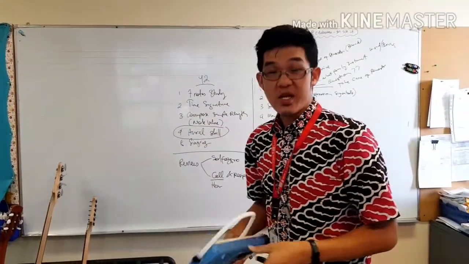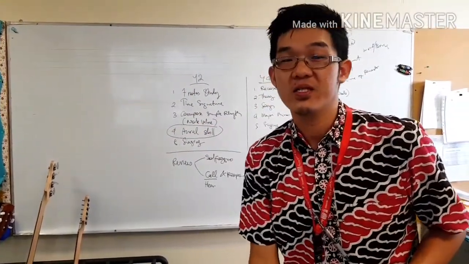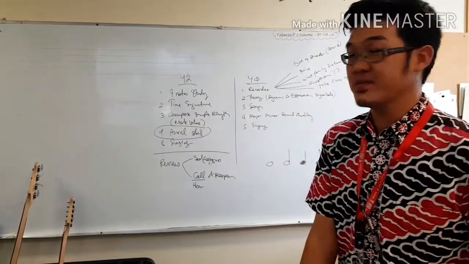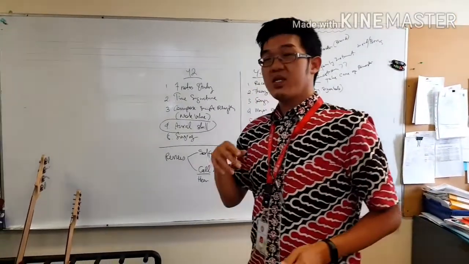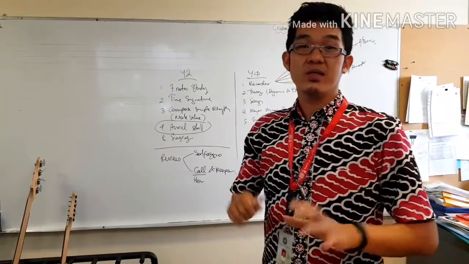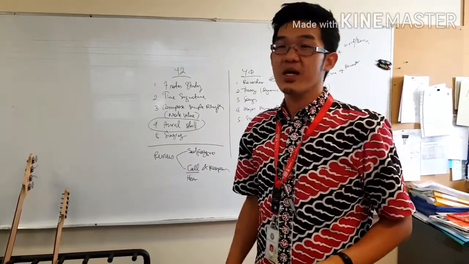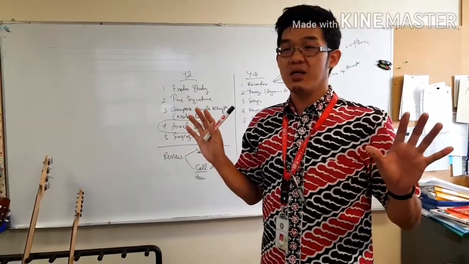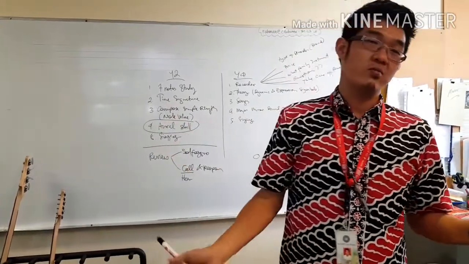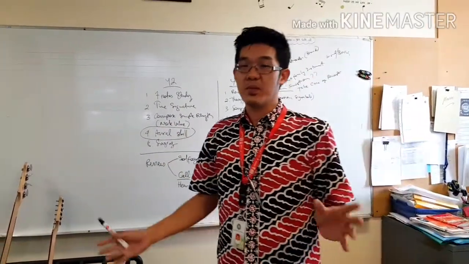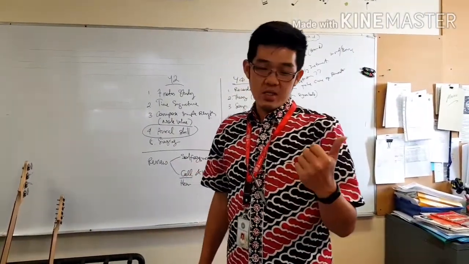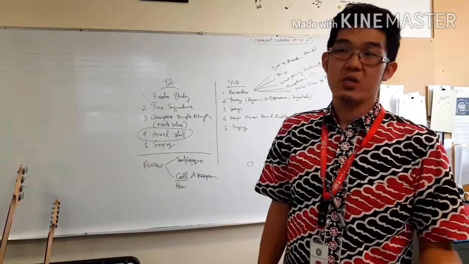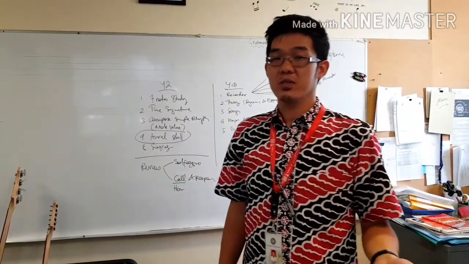So that's oral skill, the ability to hear notes. And the last topic is about singing. Singing is just standard, like what we did in year 1, and perhaps we will sing national songs, children's songs, or traditional songs.